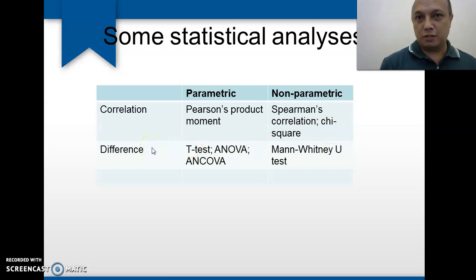When you want to test the difference between scores, then you have a t-test or ANOVA or ANCOVA. In non-parametric, you use what is called Mann-Whitney U-test. Okay, just to give you a brief description of what statistical analysis you will need if you deal with numbers.